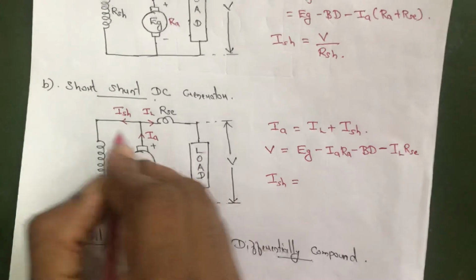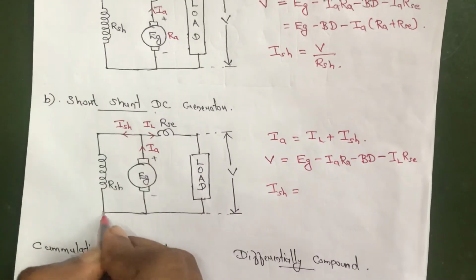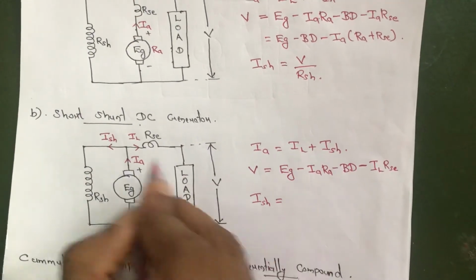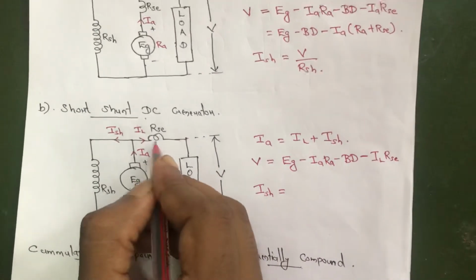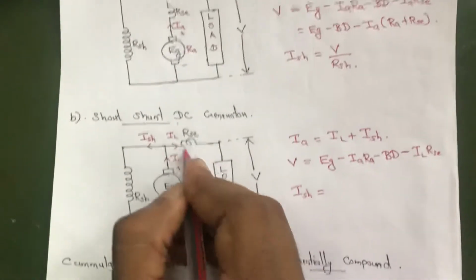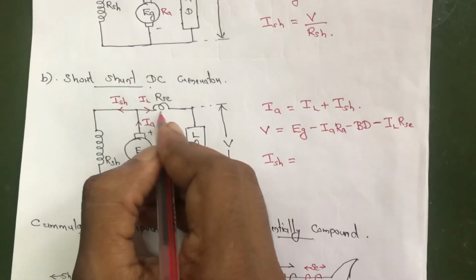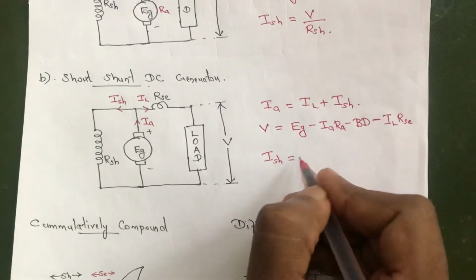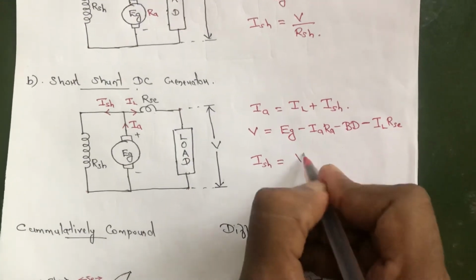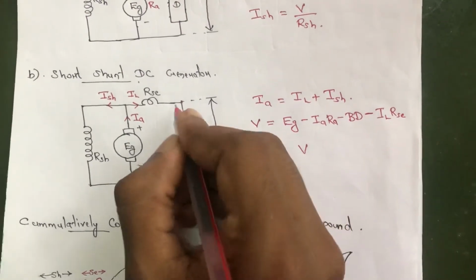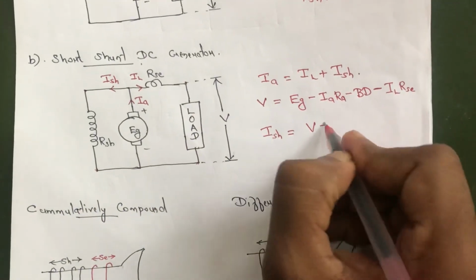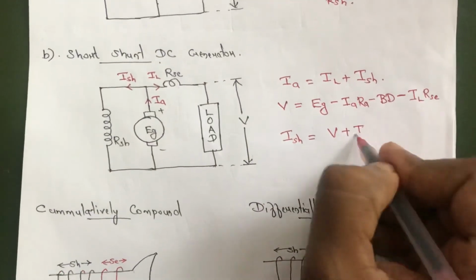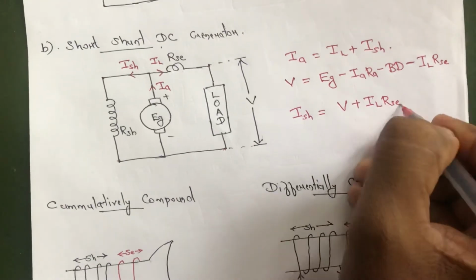So the voltage across the shunt field is V plus IL RSC.